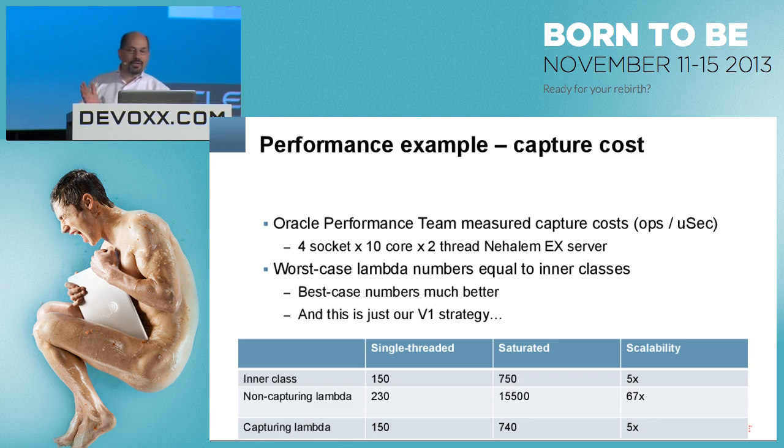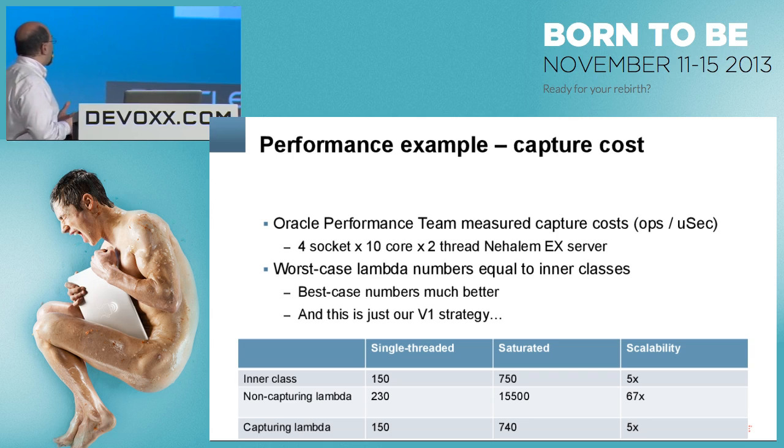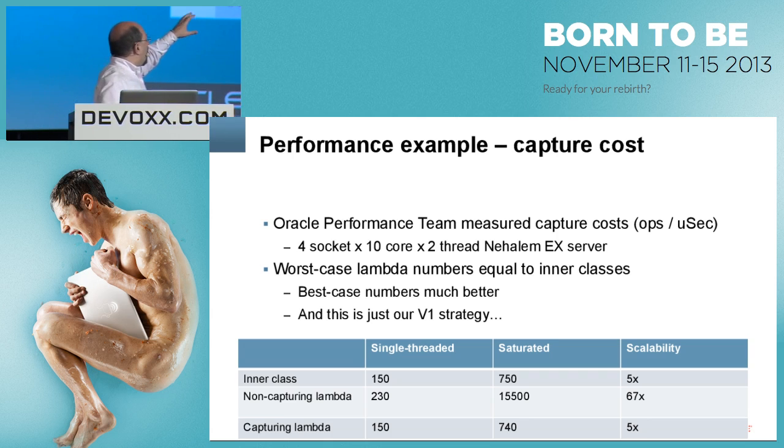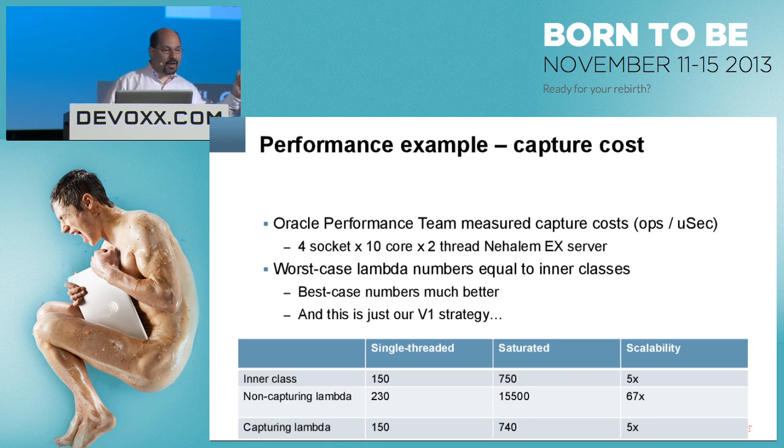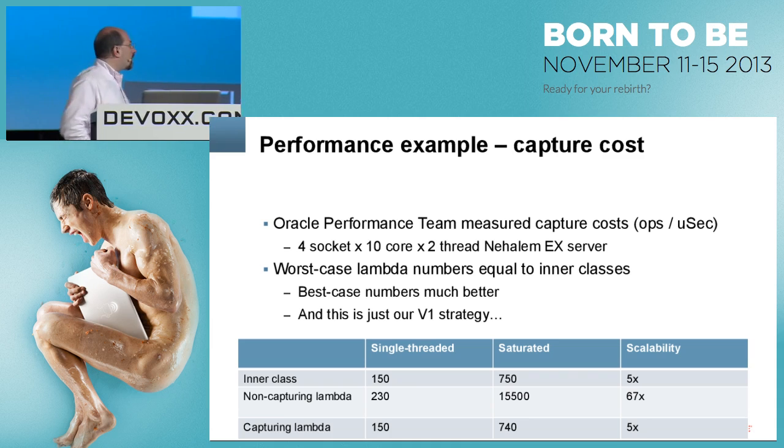Okay, let's move on to the second category of costs that we measured. And this is capture cost. Now, this is slightly different units here. This is operations per microsecond. So we ran this on a big honkin' machine, 4 sockets, 10 cores per socket, 2 threads per core, so 80 hyperthread server.